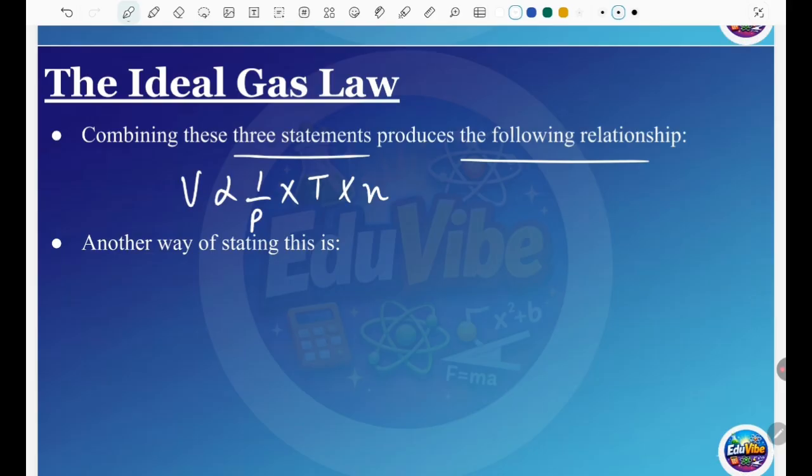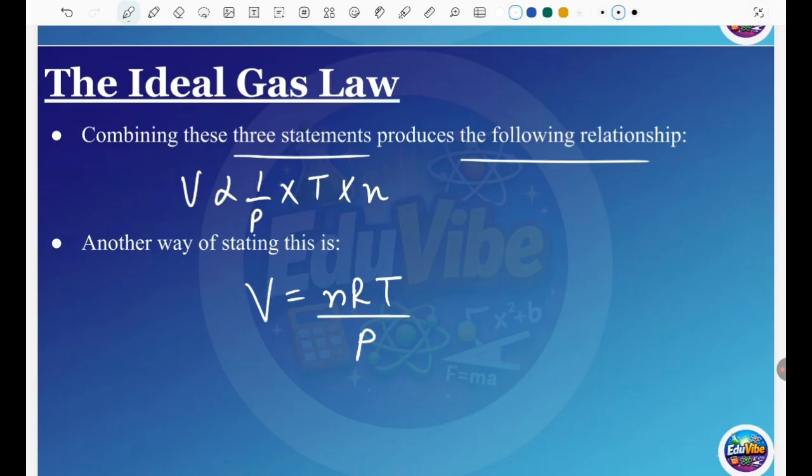To remove the proportionality sign, we put in an equal sign, and we replace the proportionality with one constant. That constant we use is R. So we put a capital R in this, and that capital R has a value which is already in your data sheet. We will look at that value shortly. So that's what we get.